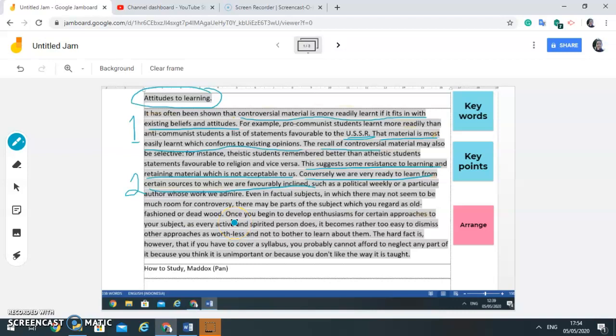So you can see. Now, once you begin to develop enthusiasm for certain approaches to your subject, it becomes rather easy to dismiss other approaches. For example, if you're really into something, it's rather easy for you to forget the other things. So, for example, if you're really into mathematics, you tend to remember everything about mathematics, but you're not really interested in history, for example.